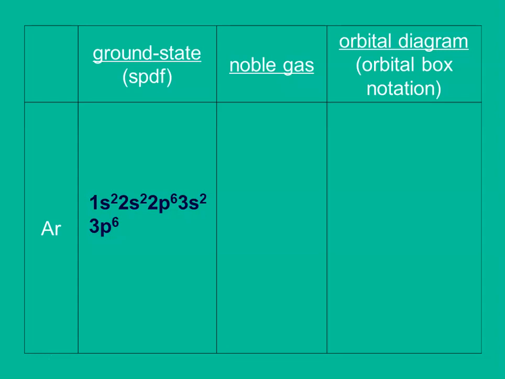And so in argon's case, our noble gas would be neon. And then we would continue. Neon has 10 electrons. We need to place 8 more, and those 8 would be the final part of argon's configuration, that highest occupied energy level, which was 3. So the electrons in 3s and the electrons that were in 3p.